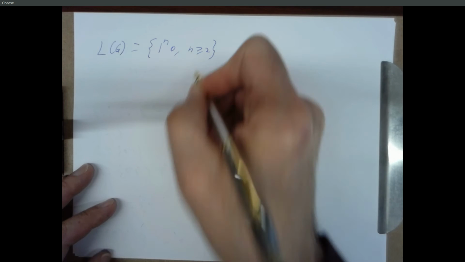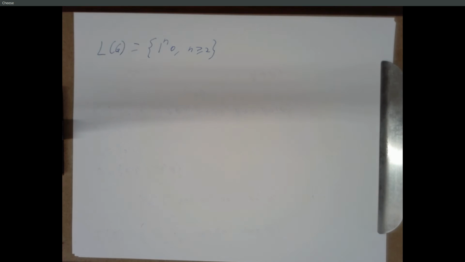I'm not going to keep saying that this is an integer. We'll just assume it's an integer. So let's look at a language consisting of 2 or more 1s followed by a 0.